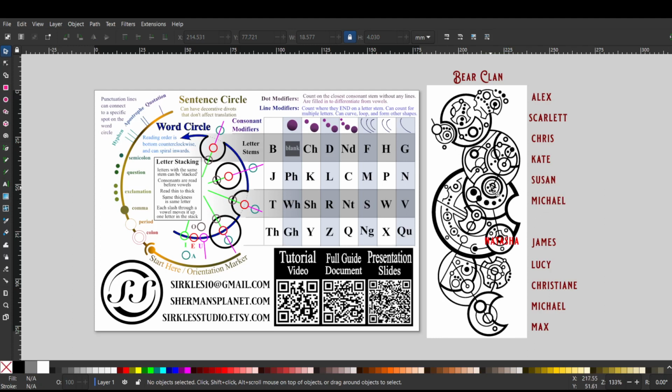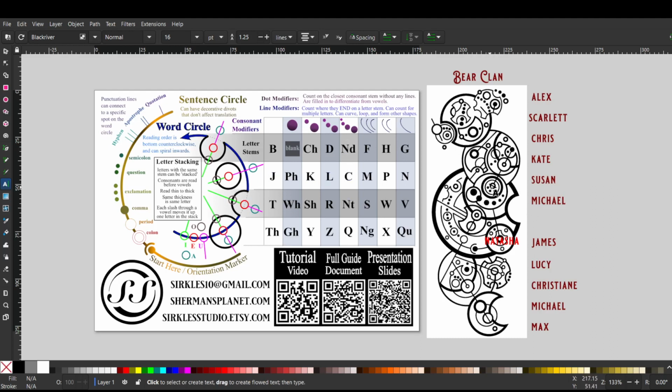And then we continue around, and we have this circle inside this sentence circle, which has 1, 2, 3. Oh, it has a big letter stack. So this is a big letter stack here, where there's a bunch of letters all stacked on top of each other. So we're going to need to do a little bit of puzzling to figure out this one. So we're going to go ahead and grab this text tool, and in this letter stack, we have 1, 2, 3, 4 dots on the outer circle.